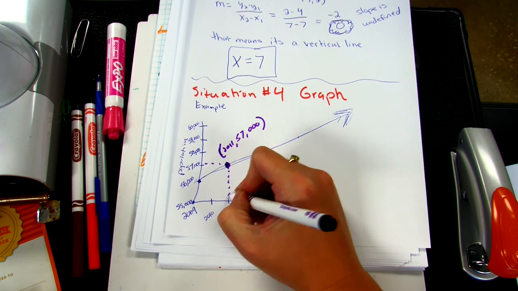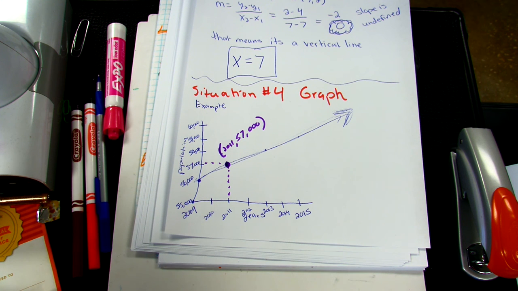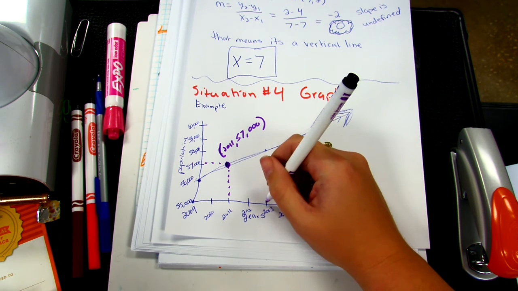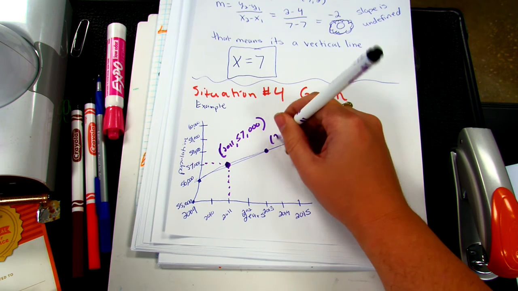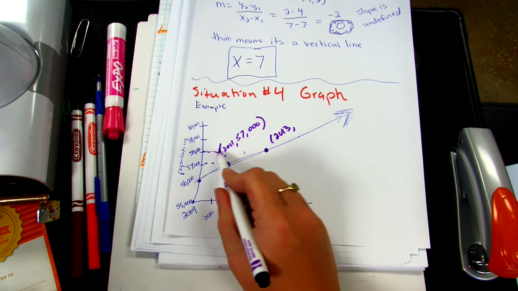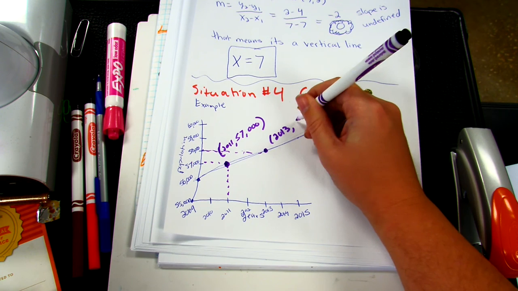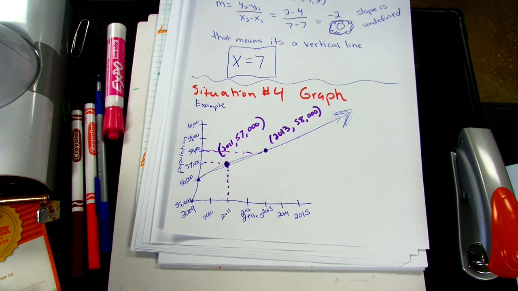I'm also going to pick 2013. 2013 looks good. 2013 had an exact population of 58,000. Awesome. So now I have my 2 points.